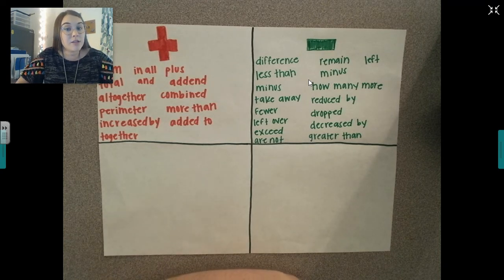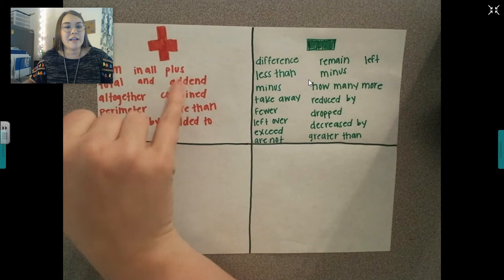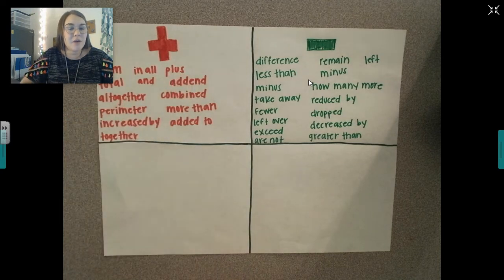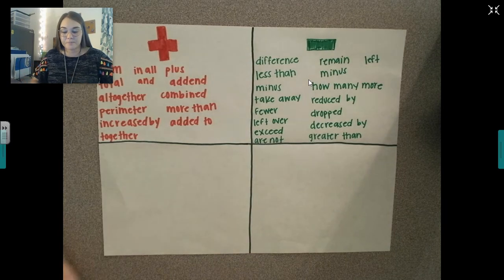These are some of the ones that you see on the screen. Like the biggest one I've been seeing lately is the word leftover. That should automatically clue you in that we are going to subtract at some point. On this one, it's like all together. That's the one that I see the most often lately for addition.